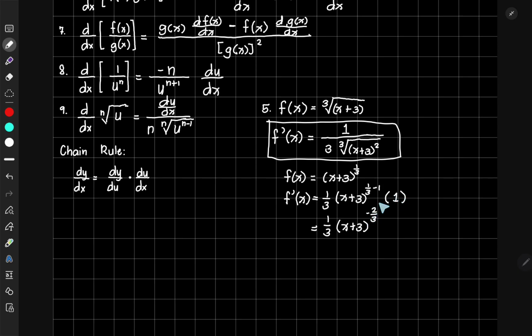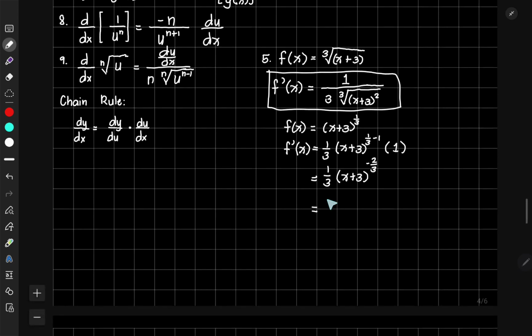So, since negative to, so, write that down sa numerator na part. So, we will have 3. So, this one would be x plus 3 raised to 2/3. So, that is 1. So, this is equal to, so, gawin nating radical ito. So, we have 1 over 3 cube root of x plus 3 raised to 2.